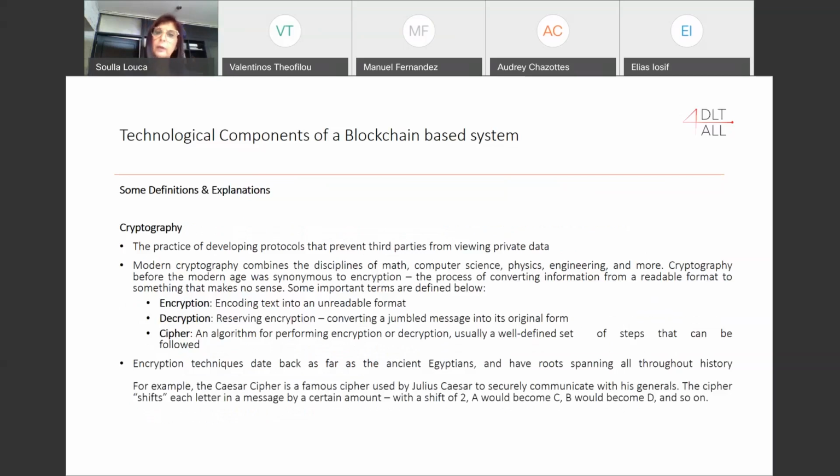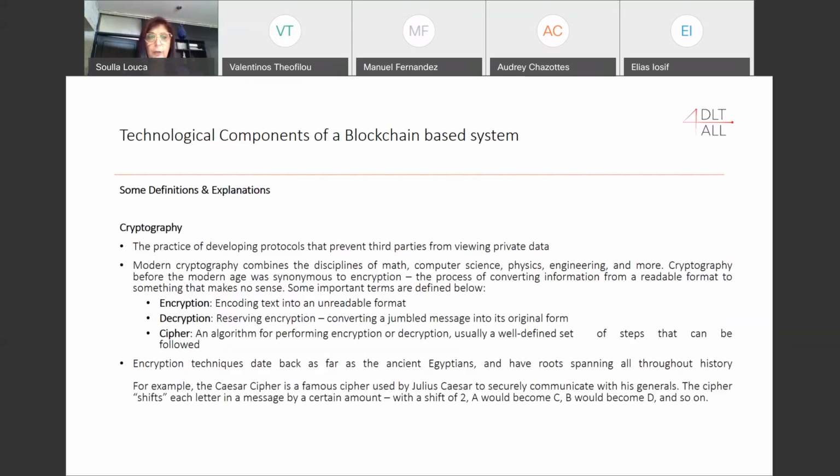Cryptography. Cryptography is the practice of developing various protocols that prevent third parties from viewing data. And cryptography is not something that started in the past years with technology.